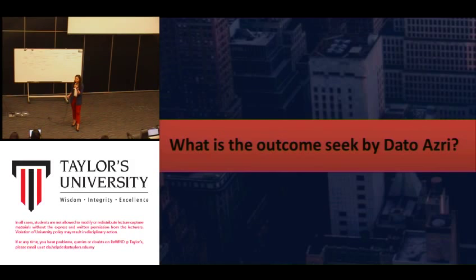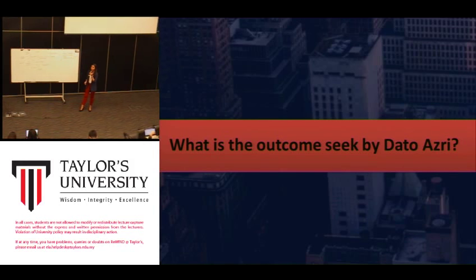Okay, so basically it becomes a criminal matter or a civil matter. If you make a police report, it becomes a criminal matter. In this case, you don't know if Dato Azri made a police report, so you can also consider that. So you put MCMC.